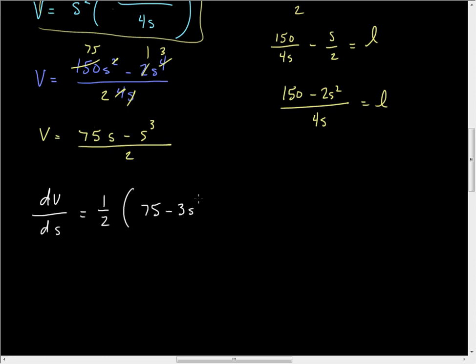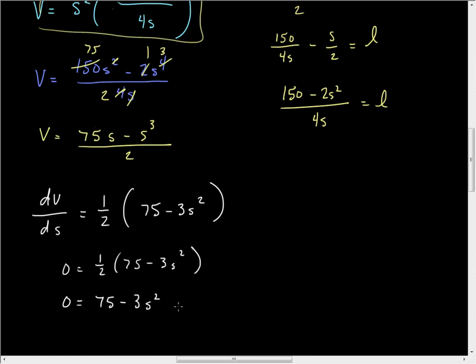Set that equal to 0. So 0 is equal to 1/2 times (75 minus 3S squared). We can multiply by 2 on both sides, giving 0 is equal to 75 minus 3S squared.